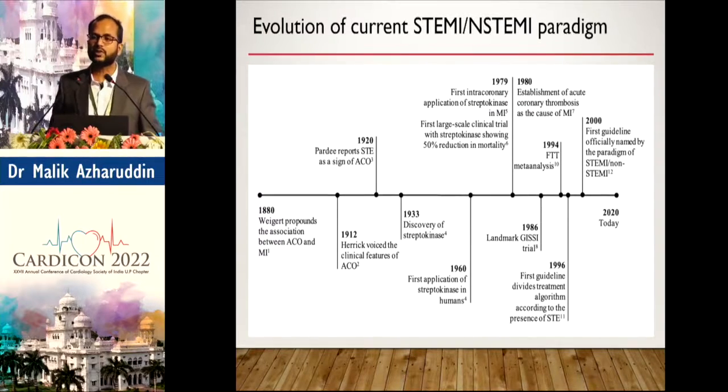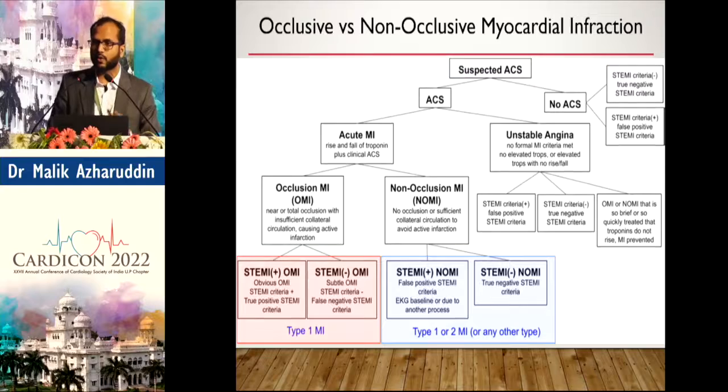It was thrombolysis for MI, and later on, retrospectively, we found that STEMI is the best predictor of acute coronary occlusion. But we have to remember that it is just a predictor. STEMI does not equate to acute coronary occlusion. It is the best predictor, but what we are truly looking for is occlusive MI versus non-occlusive MI, and that is what we should try to identify.